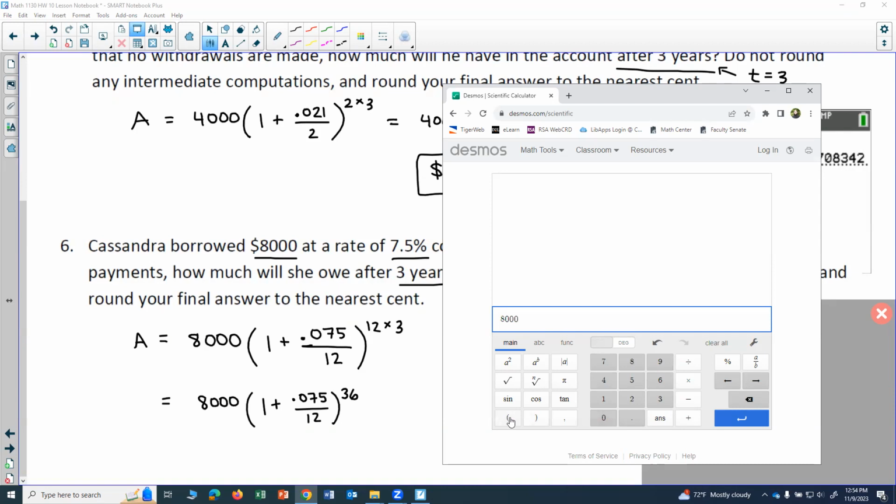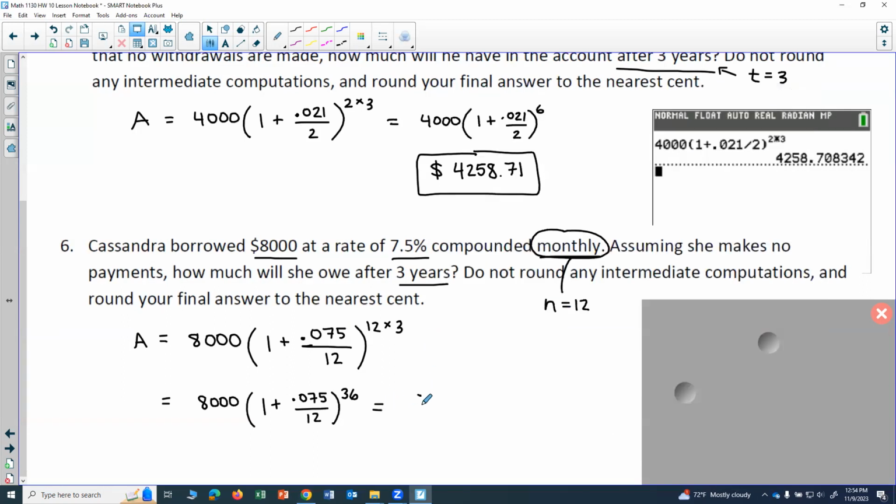$8,000(1 plus 0.075 divided by 12, close the parentheses, raised to the 36th power, gives $10,011.57.